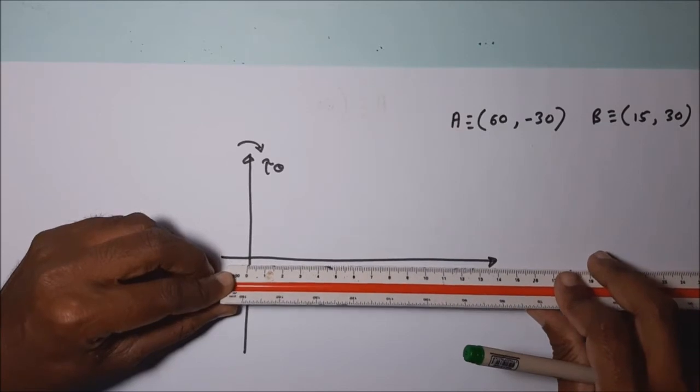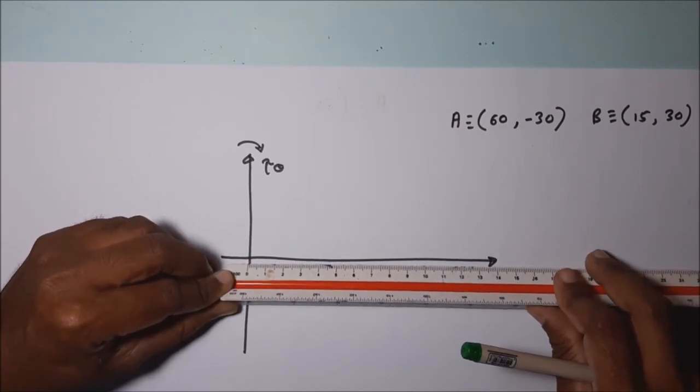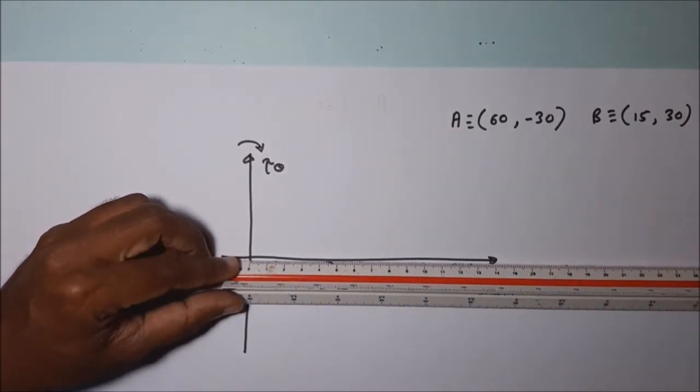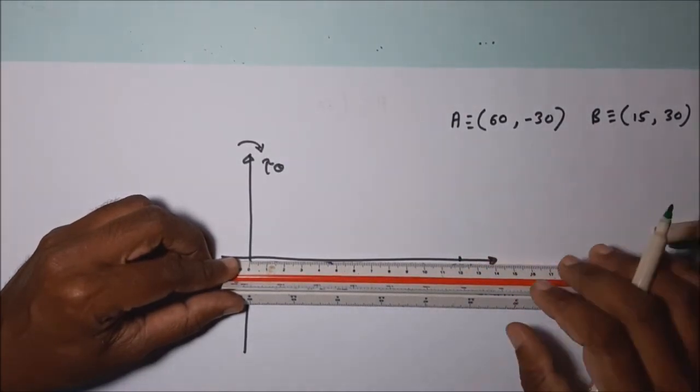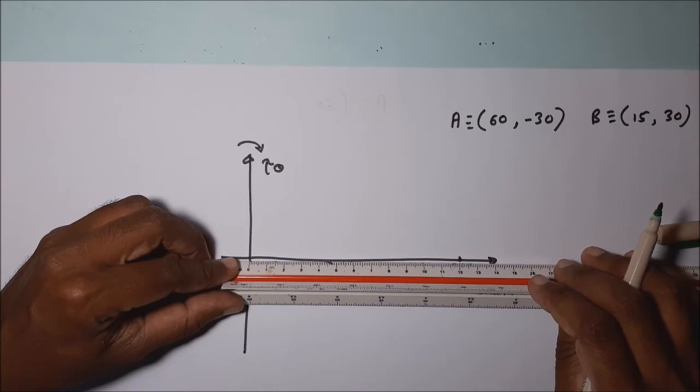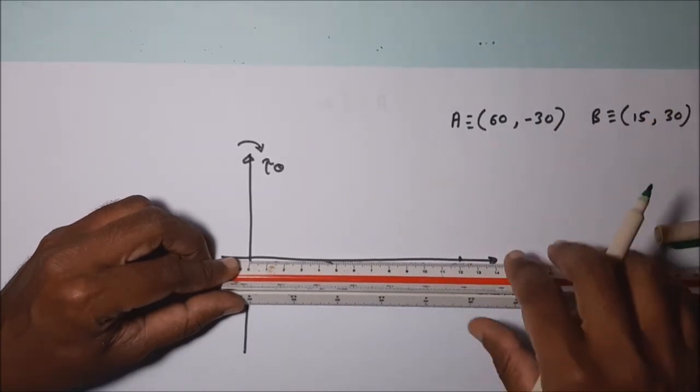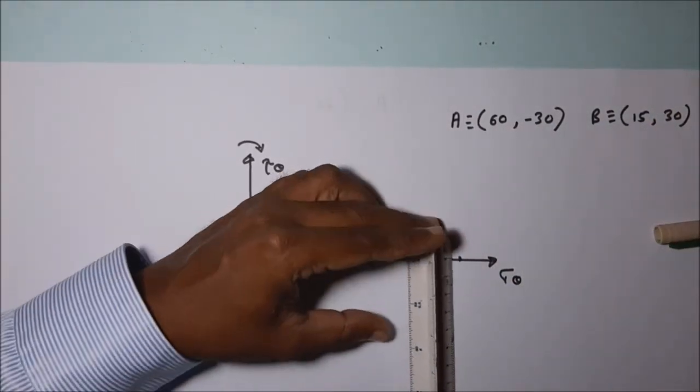Let's take 60, approximately 12 centimeters here, then 60 and minus 30.